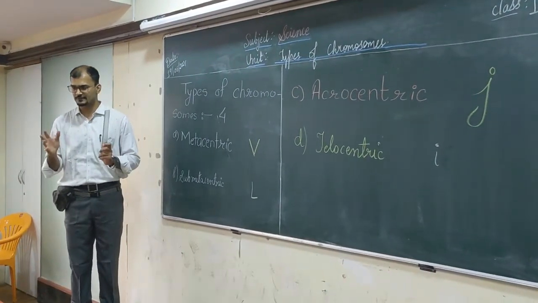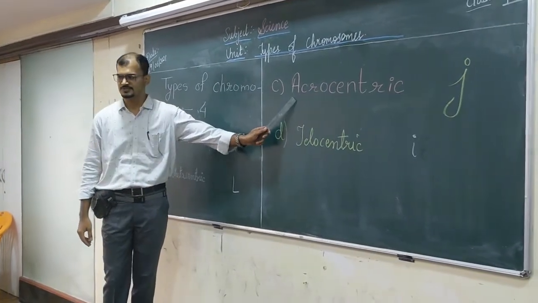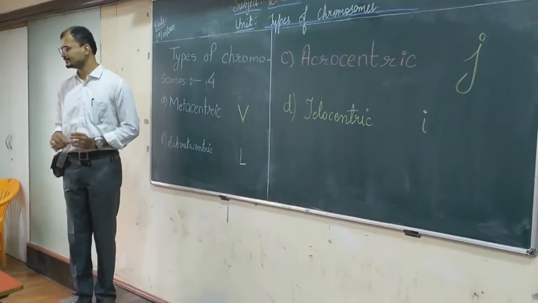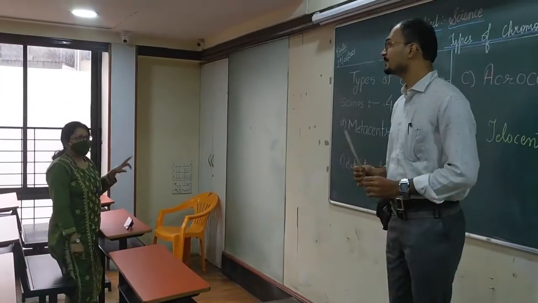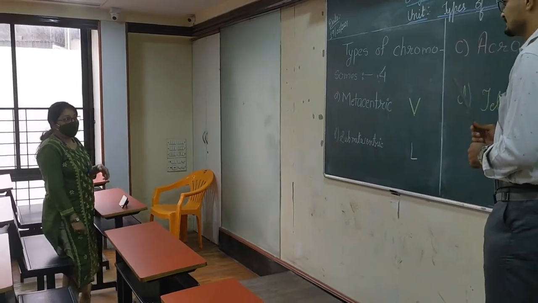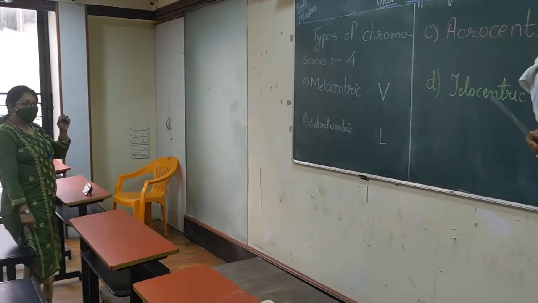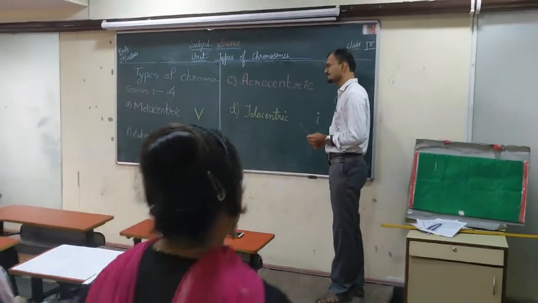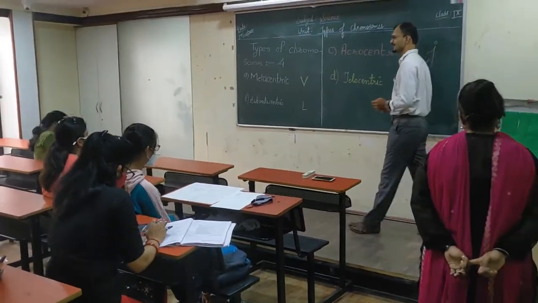You need to tell me the difference in your own words between metacentric and acrocentric. Yes? In metacentric, the centromere is in the center, and when it goes into cell division, it looks like V. And in acrocentric, it is not in the middle, it is a little higher up, and it has satellites. And also during the cell division, it looks like J. Very nice. You are studying at home, that can be seen.